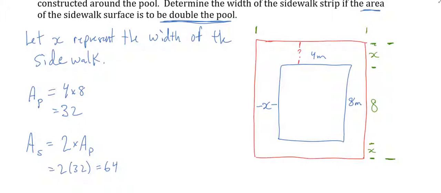Very good. 8 plus 2x, or 2x plus 8, and 4 plus 2x, or 2x plus 4 for the top. And again, that's going to look basically the same every single time.